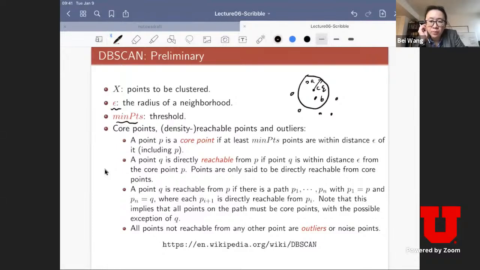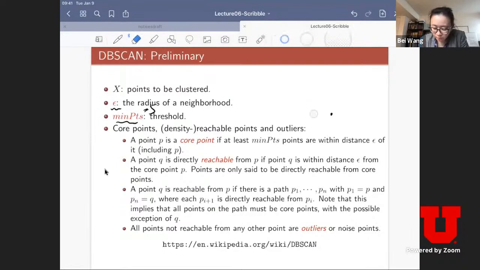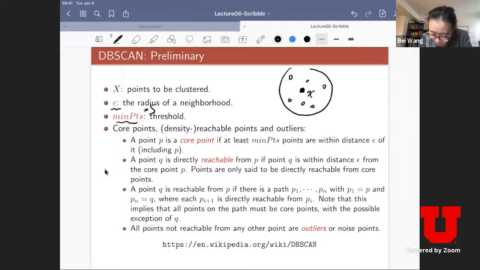A point is a core point if at least minimum points number of points are within distance epsilon from it. So let's say, for the time being, my minimum points is 5. Then a point, let's say this point X, is a core point if you have at least 5 points in a neighborhood of radius epsilon.